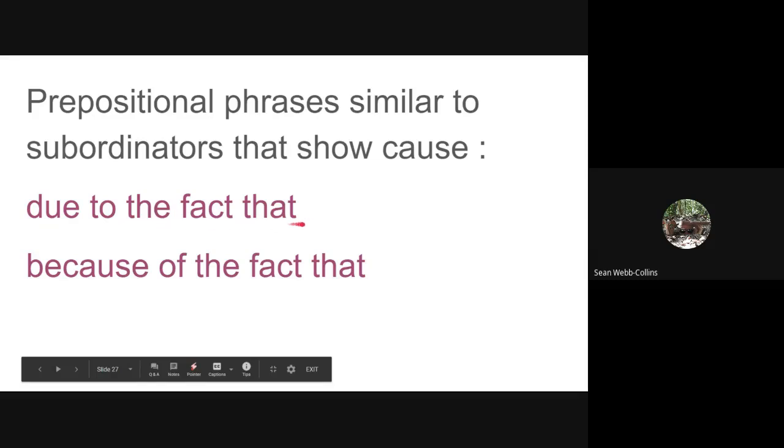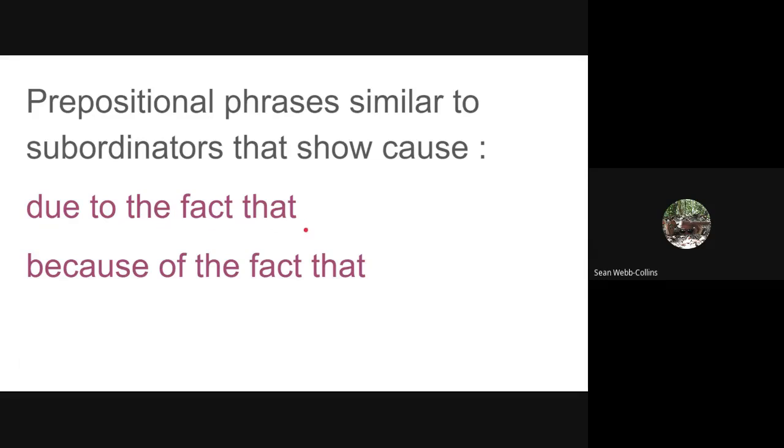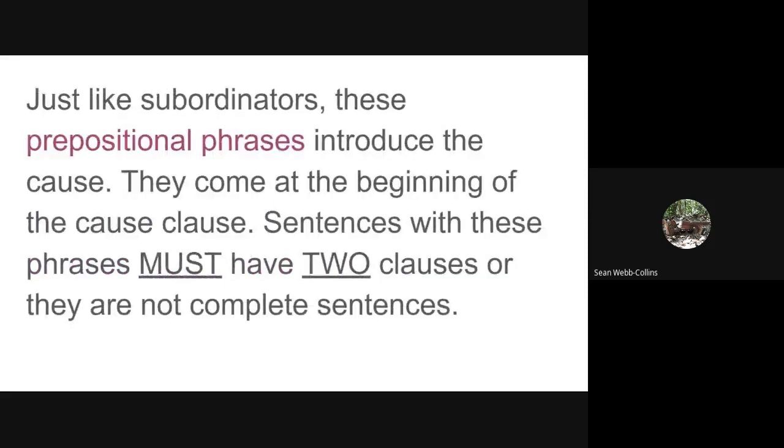Due to the fact that there is COVID right now, we have online classes. Because of the fact that it is raining, we are canceling the picnic outside. And just like subordinators, these prepositional phrases introduce the cause. They come at the beginning of the cause clause.